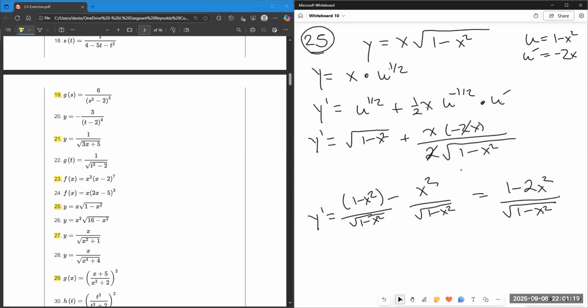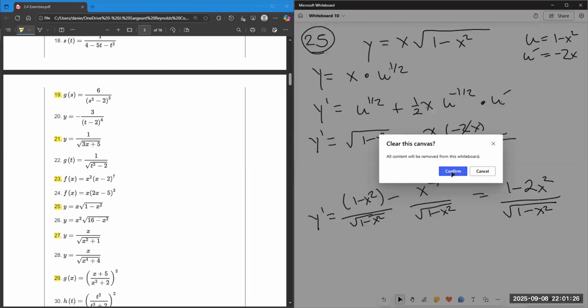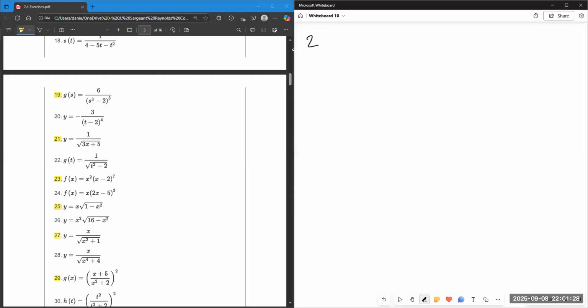So let's go ahead and look at number 27. Y equals x over root x squared plus 1.